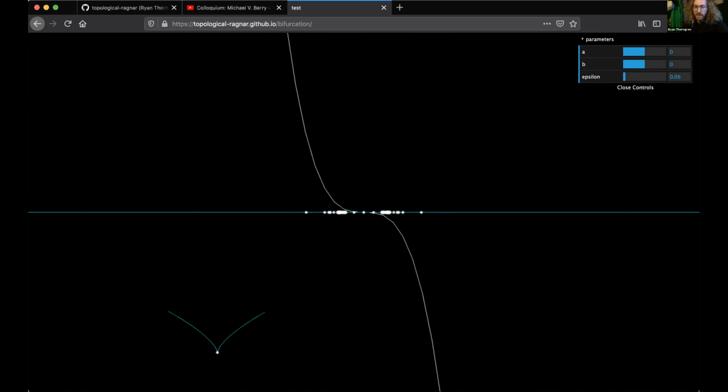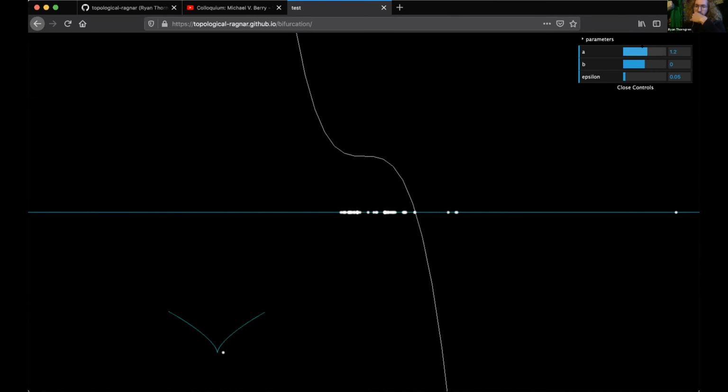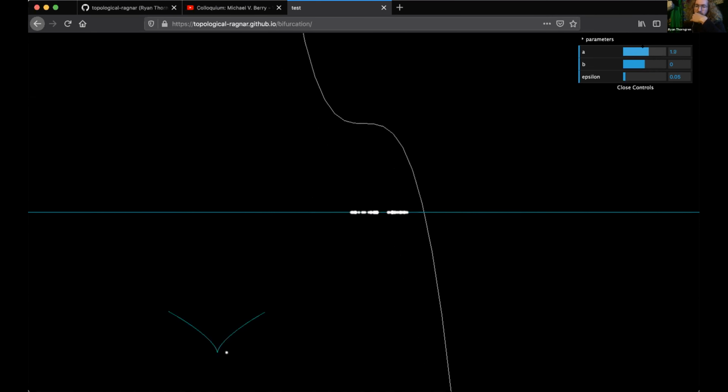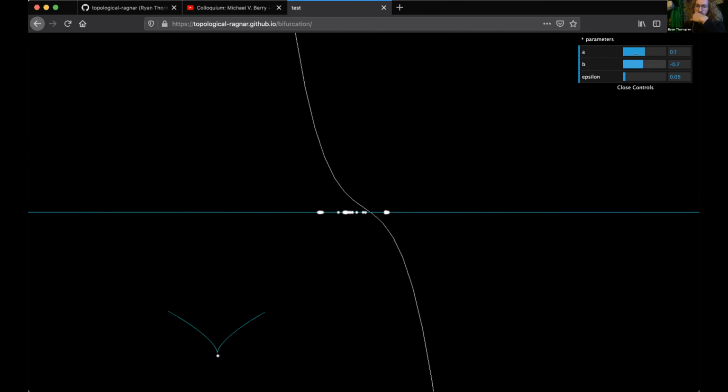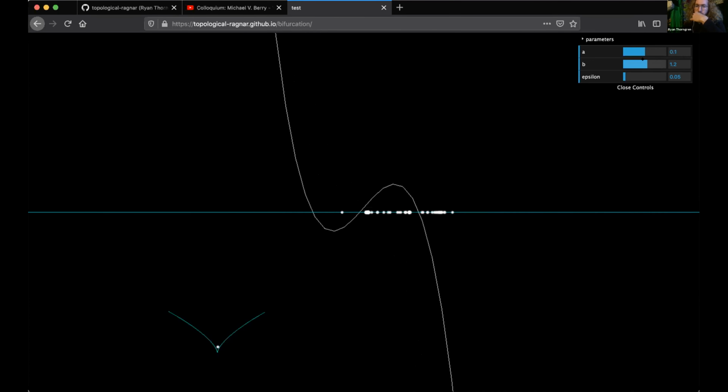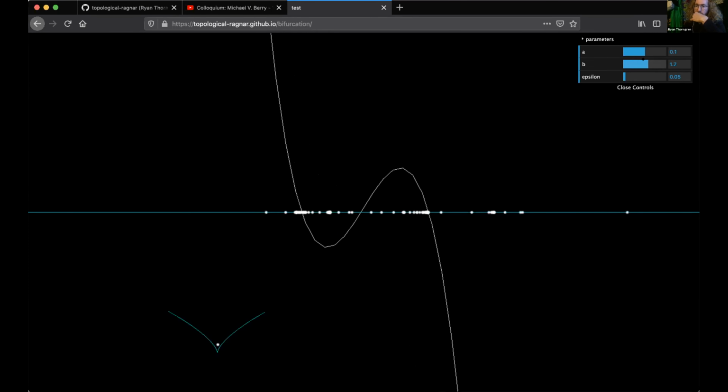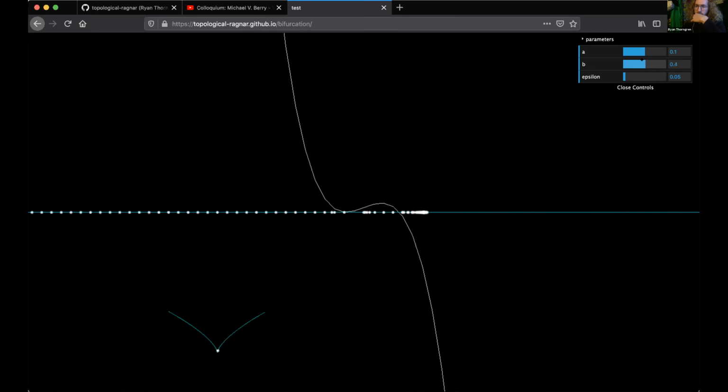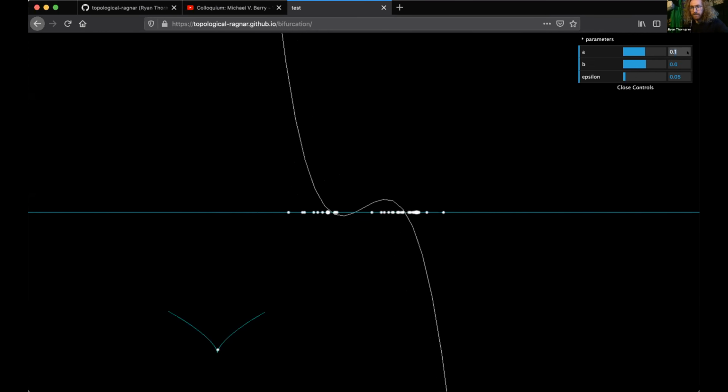So right now, this curve is minus x cubed. Maybe you can recognize it. And I've added 2 parameters to the game. This a parameter is the constant. So this is minus x cubed plus a. And this is minus x cubed plus a plus bx. So b is the linear term, a is the constant term.